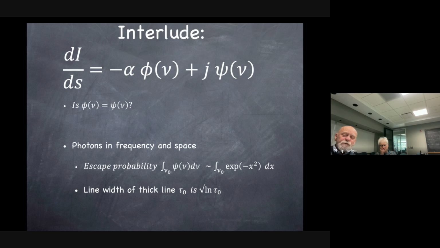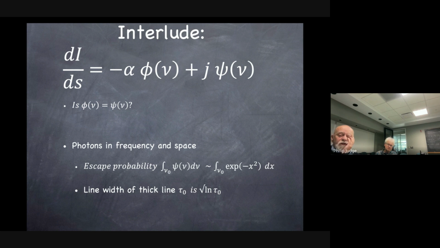Okay, so here's our transfer equation, conservation of energy again, at each frequency. And we have an absorption coefficient and an emission coefficient, and I've written them separately here. Because if you imagine, while alpha and j are related, in LTE, in thermal equilibrium, we know dI/ds is 0. So then we would have alpha times phi minus j times psi is 0.